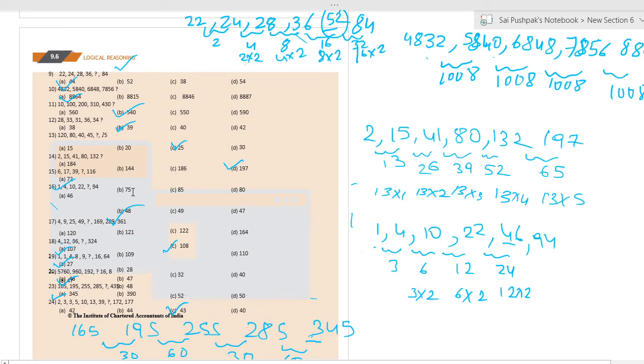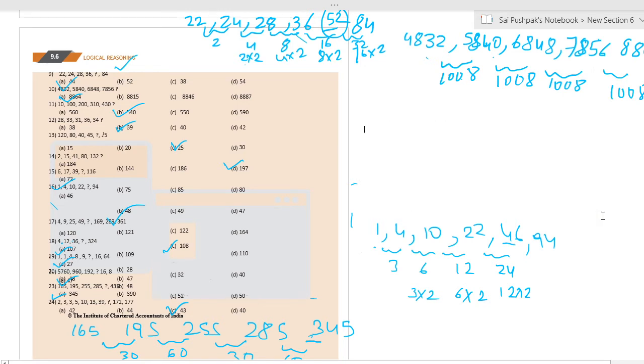Guys, I think we missed the 16th one, 15th one. Sorry, I've done the 16th one. I'll do the 15th one now. 6, 17, 39, dash, 116. The difference here is 11. The difference here is 39 minus 17, it is 22. Oh my god, now we can see something else. We have seen the 13 table earlier, now it is the 11 table.